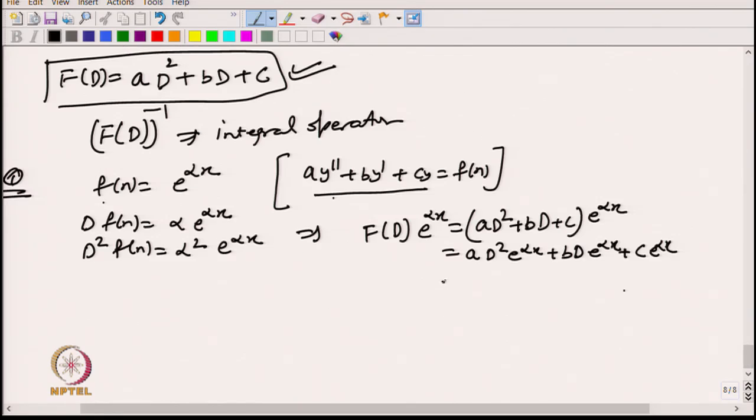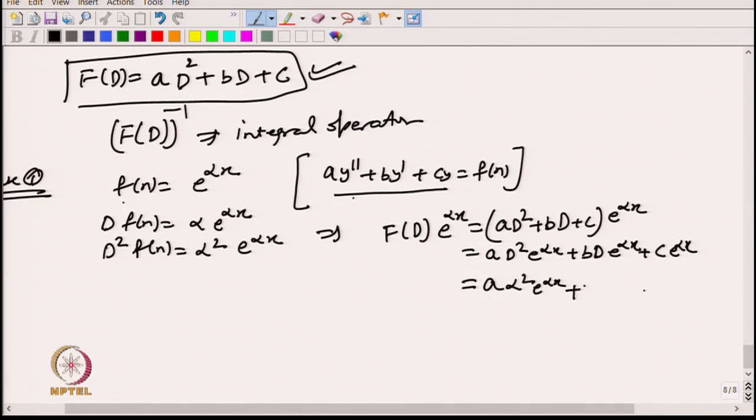After doing this, D square e raised to power alpha x becomes alpha square e raised to power alpha x, so I get a alpha square e raised to power alpha x plus b alpha e raised to power alpha x plus c e raised to power alpha x.